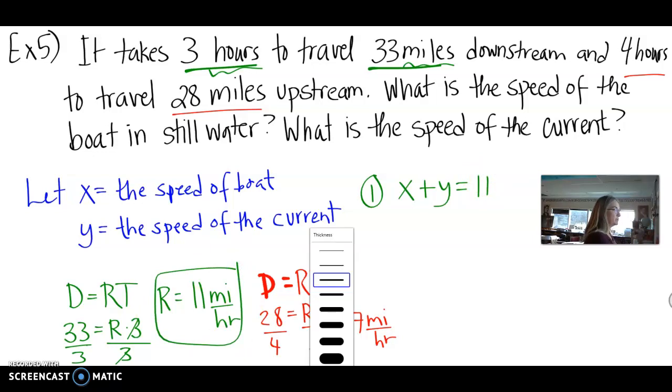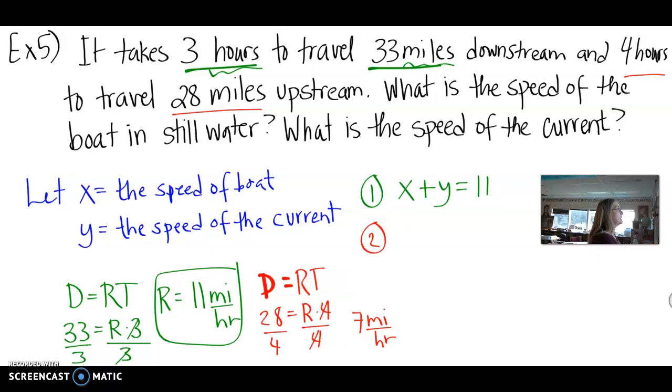And then to come back upstream, we're going 7 miles per hour. So the speed of the boat is, we're fighting the current this time. So the current is actually going to be pushing us in the opposite direction. So I'm going to take the speed of the boat minus the speed of the current because it's going to offset, and that should equal 7.